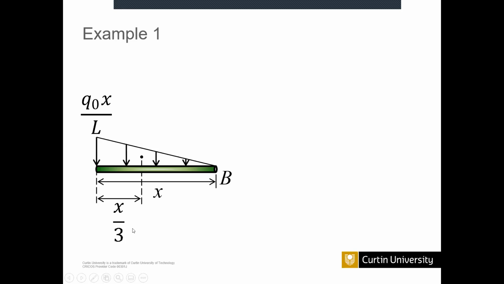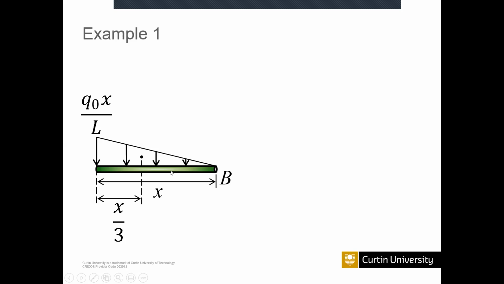When you do examples and tutorials, you will see there are no complex shapes of distributed load, only triangles, rectangles and squares. You don't need to worry too much. If you don't remember, when you deal with a few tutorial questions you will easily grasp how to find the centroid. For a triangle, from this corner to this point, the horizontal distance is x divided by 3.